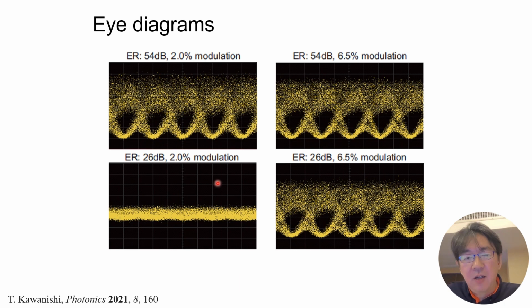But if the modulation depth is 2% and the extinction ratio is 26, there is no signal detected. So by increasing the extinction ratio, we can effectively increase the modulation efficiency. This is an important feature of precise optical modulation.